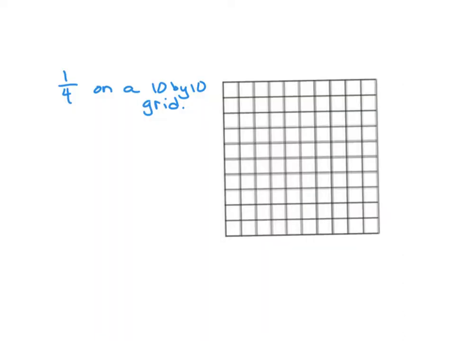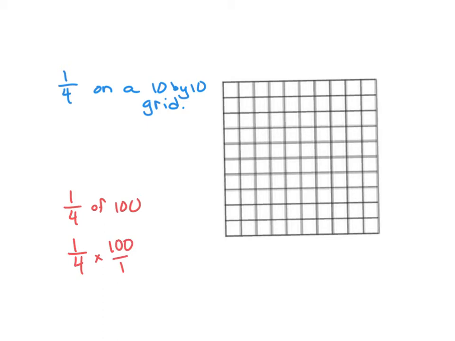They also ask us to model what 1/4 on a 10 by 10 grid would look like. 1/4 of 100 basically, because a 10 by 10 grid, 10 times 10 is 100. So we're doing 1/4 of 100. Mathematically, that looks like 1/4 of 100, or we know that of now means multiply, so 1/4 of 100 over 1.